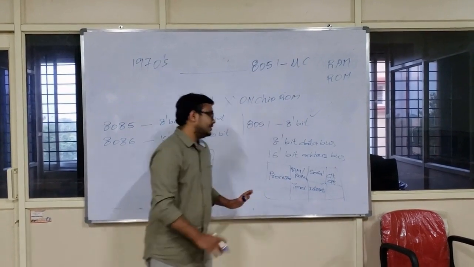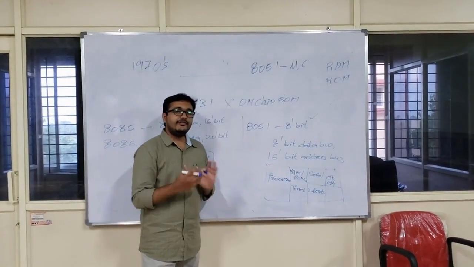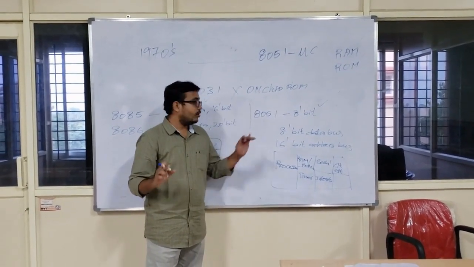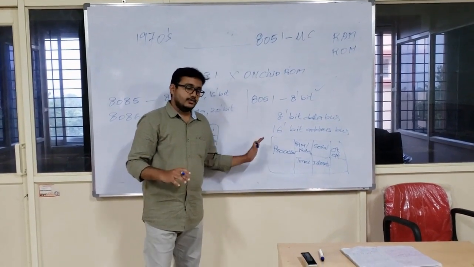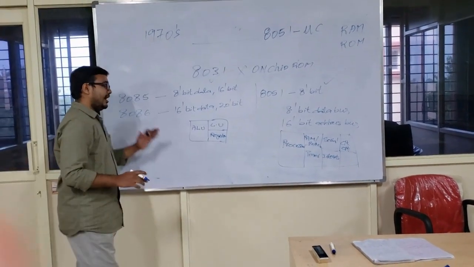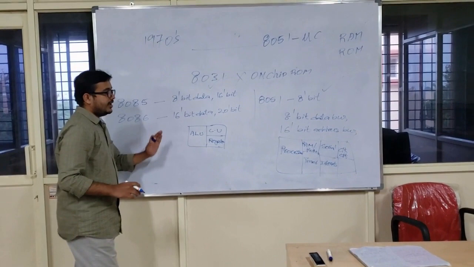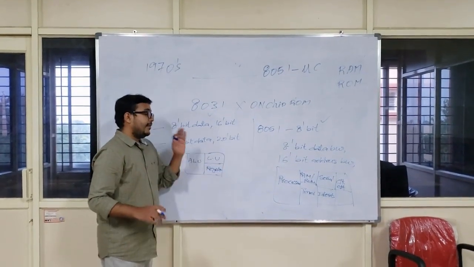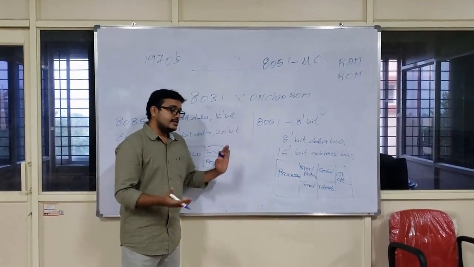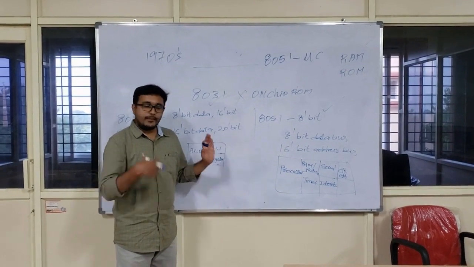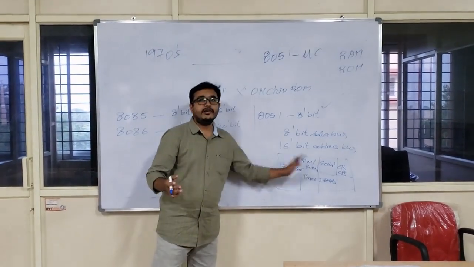So whenever all these things are equipped on a single chip, we call it a microcontroller. So the main difference between a microprocessor and a microcontroller is that the microcontroller includes the processor, apart from which I have the rest of the peripherals.